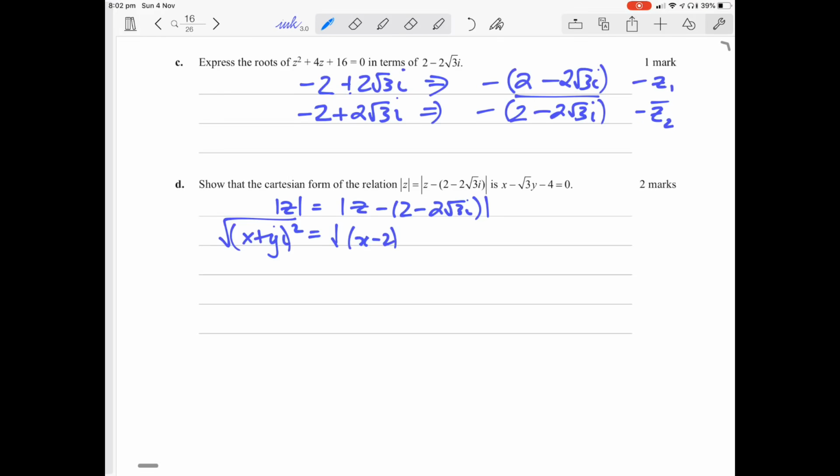Forgot to square root that. Start this one again because I just stuffed it up. So x minus 2 squared plus y plus 2 root 3 squared. Don't forget you don't need to worry about the I because these are just components like they give direction. Square both sides. X squared plus 2xyi plus minus. Oh, that's not supposed to be there.